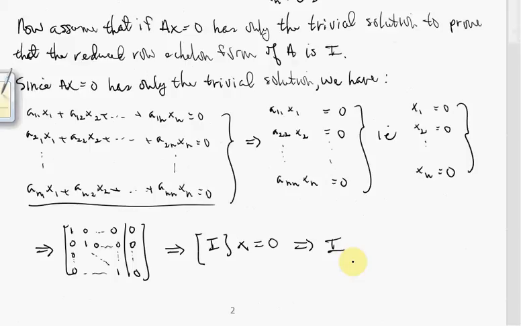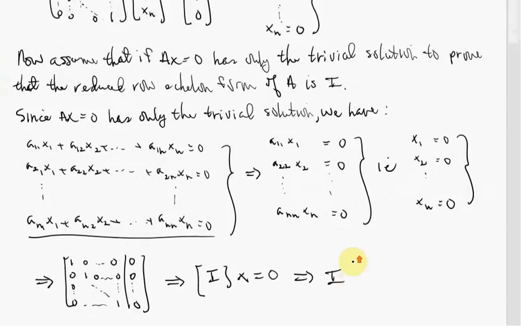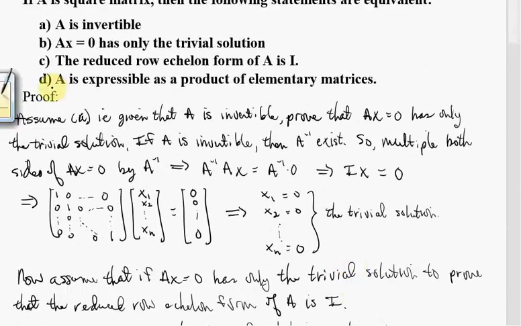The identity matrix times x equal to 0 just gives us x sub 1 equal to 0, x sub 2 equal to 0, and so on to x sub n equal to 0. Well, if that be the case, let's see, where are we in the theorem?